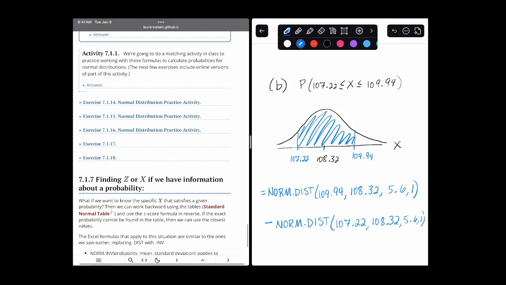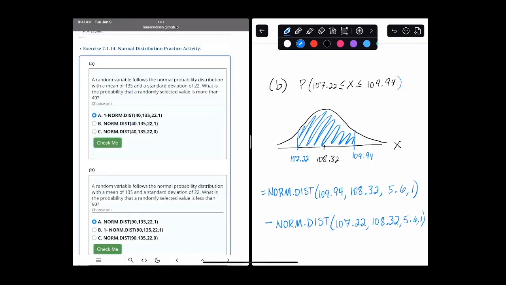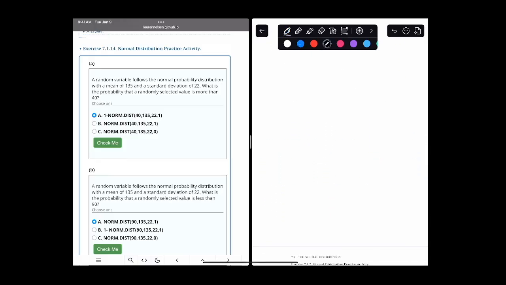Next, I want us to practice these several exercises that are listed as practice activities just to get a little bit more comfortable finding these probabilities. So in part A here, it says we have a normal distribution and our mean is 135 and our standard deviation is 22.